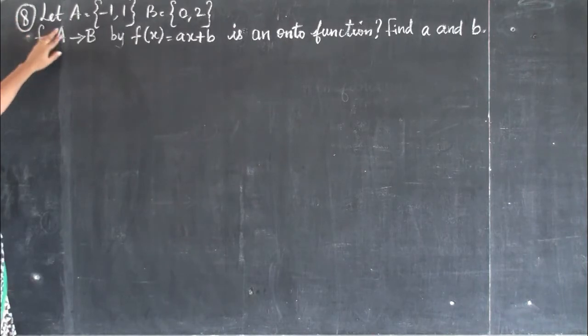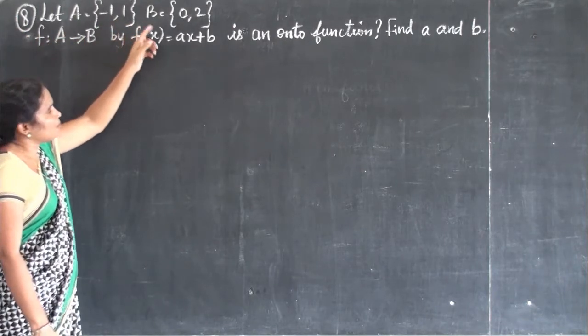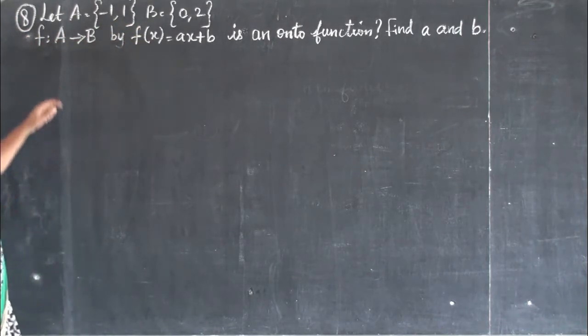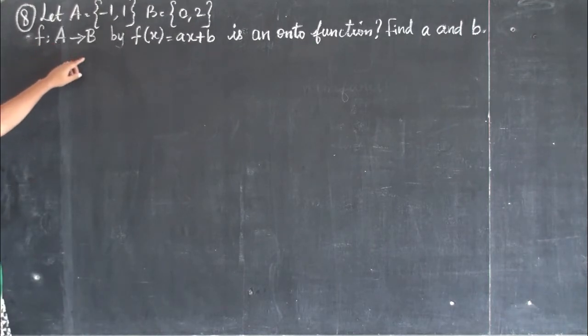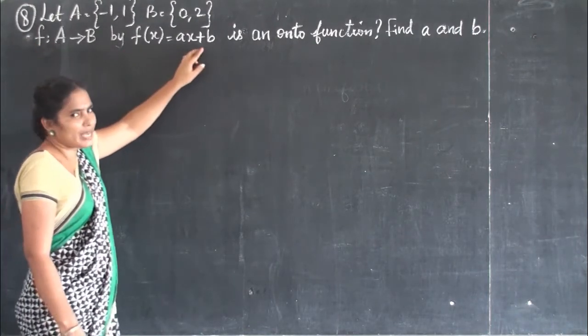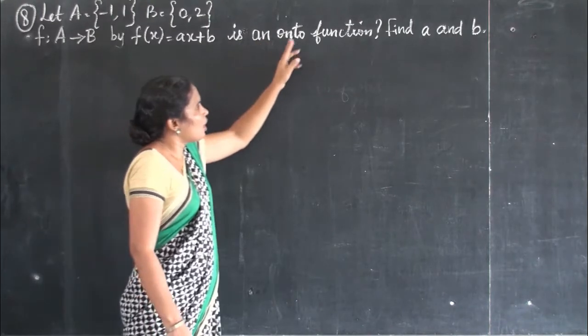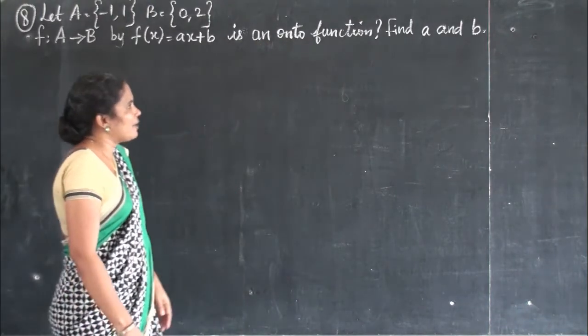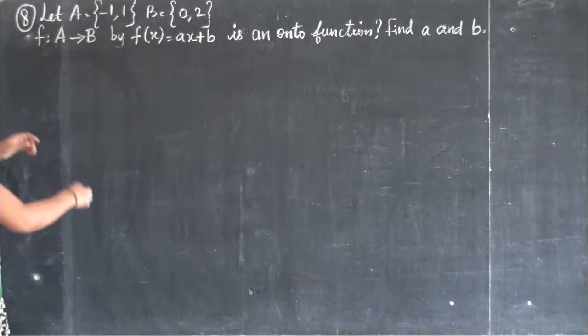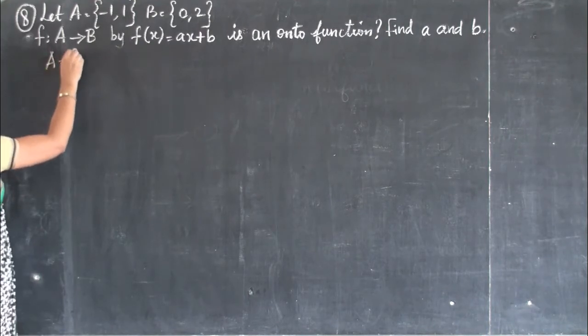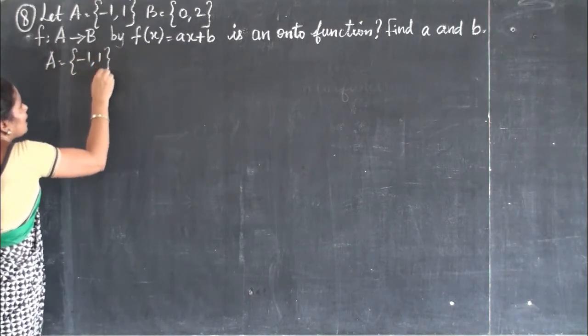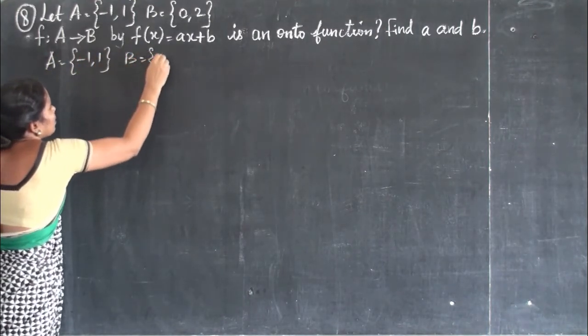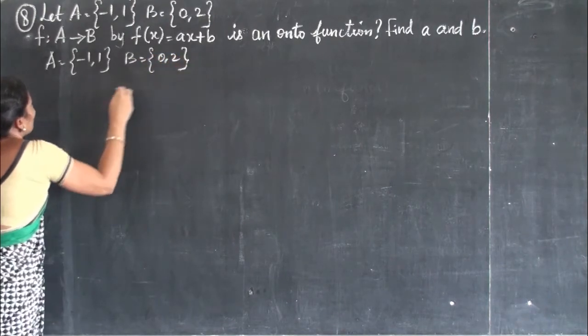Question number 8, let A is equal to minus 1, 1 and B is equal to 0, 2. And f from A to B by f of x is equal to ax plus b is an onto function, and find the values of a and b. Here taking A is equal to minus 1, 1 and B is equal to 0, 2. Okay.